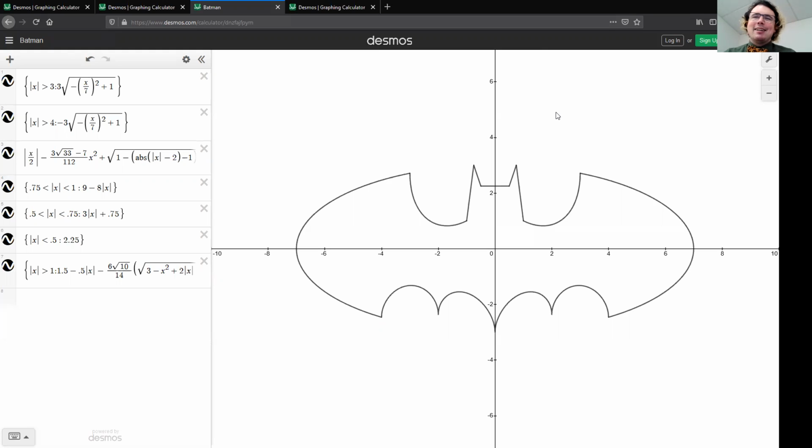So again, this example isn't too bad. It is too bad, but it's contrived.